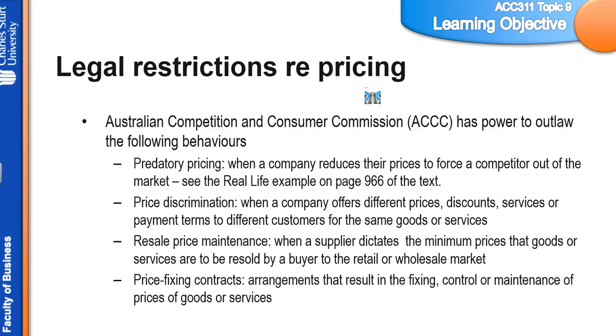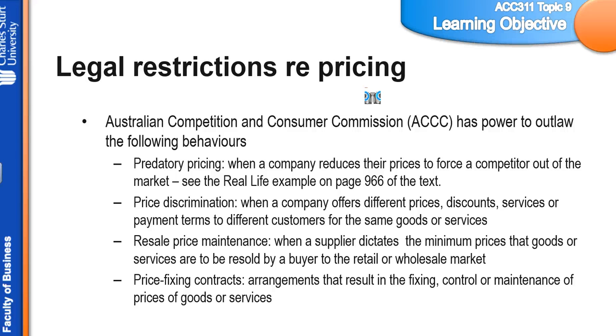So a supplier can't dictate that, but if a supplier finds that the goods or services are being sold at a lower price, then sometimes the supplier will actually remove those goods from that retail or wholesale market, because they want to maintain a price that indicates the quality of the goods that they're selling.